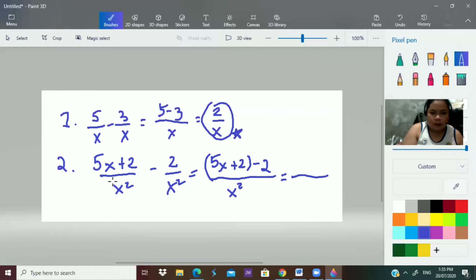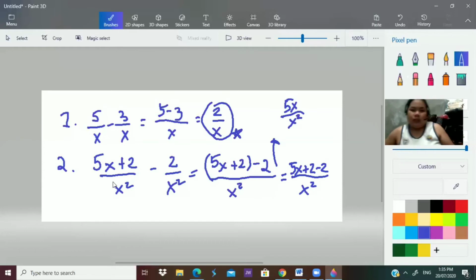So you have now 5x plus 2 minus 2 over x squared. Ayusin natin. So you have now 5x over x squared. So as you can see, pwede pa nating i-lowest term yung nakuha natin.